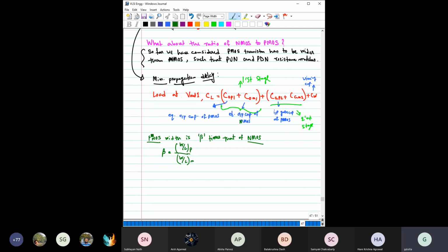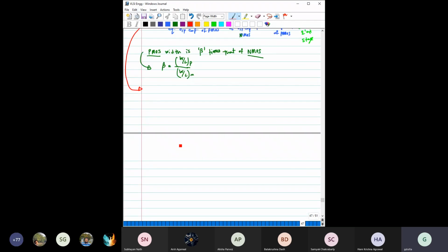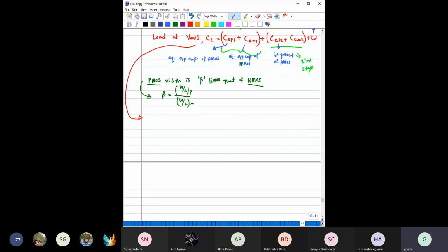If this holds, meaning we have set our design like this, can we not write the CL like this, COP1? Our goal is to write everything in terms of the NMOS.